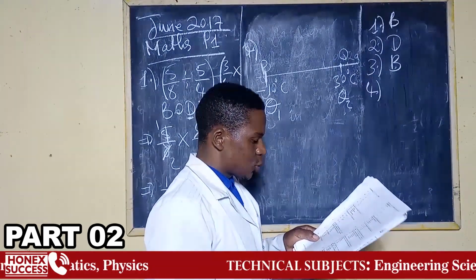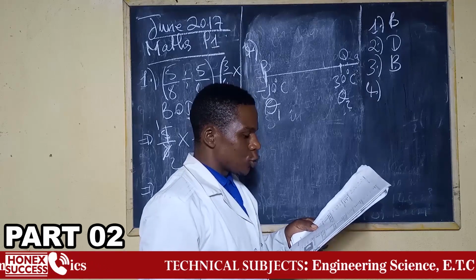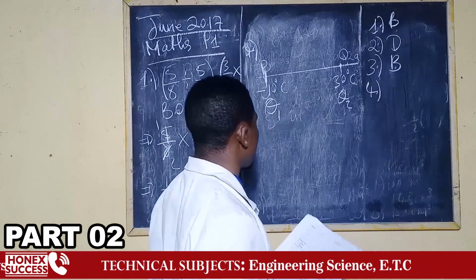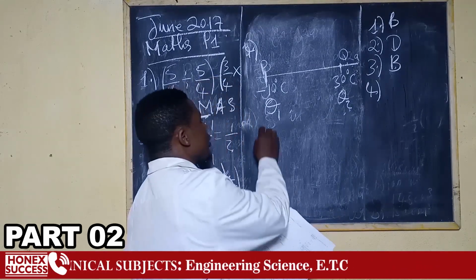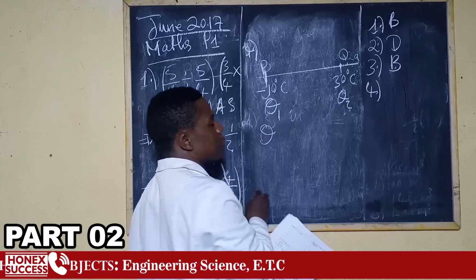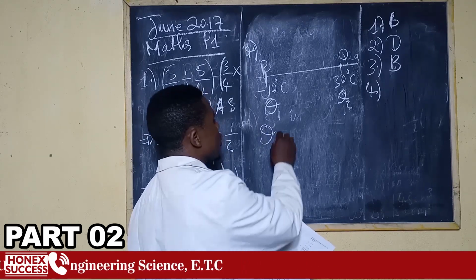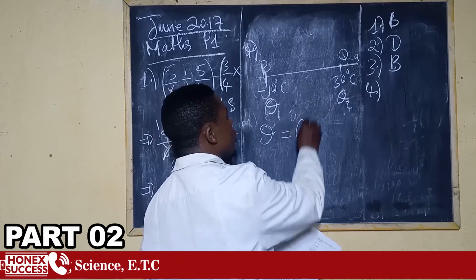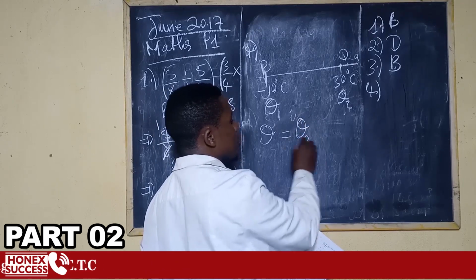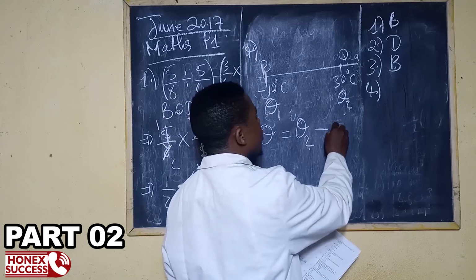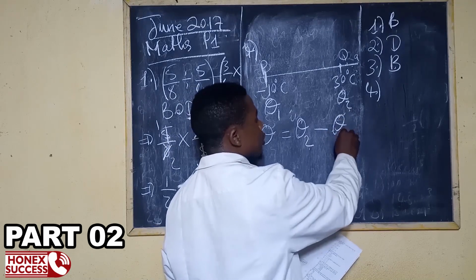Okay, how do we look for the increase in temperature between the towns? It will be equal to the final temperature, which is theta 2, minus the initial temperature, which is theta 1. And this can be written as, we substitute the values.